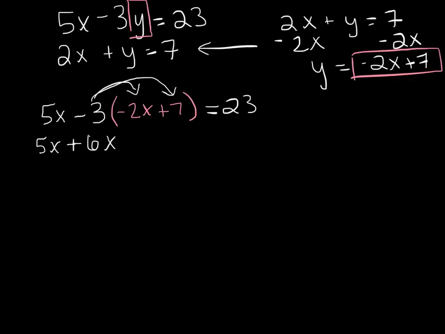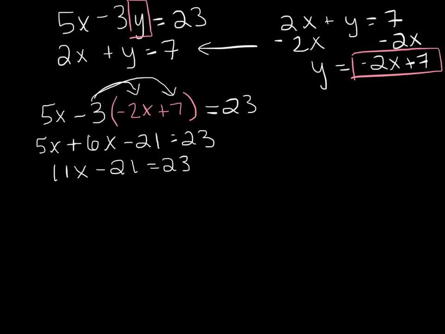Negative 3 times 7 gives us a negative 21 equals 23. Then we can combine like terms. We have this 5x and the 6x. We can combine them because they both have the same variable with the same power. So 5x plus 6x gives us 11x minus 21 equals 23.